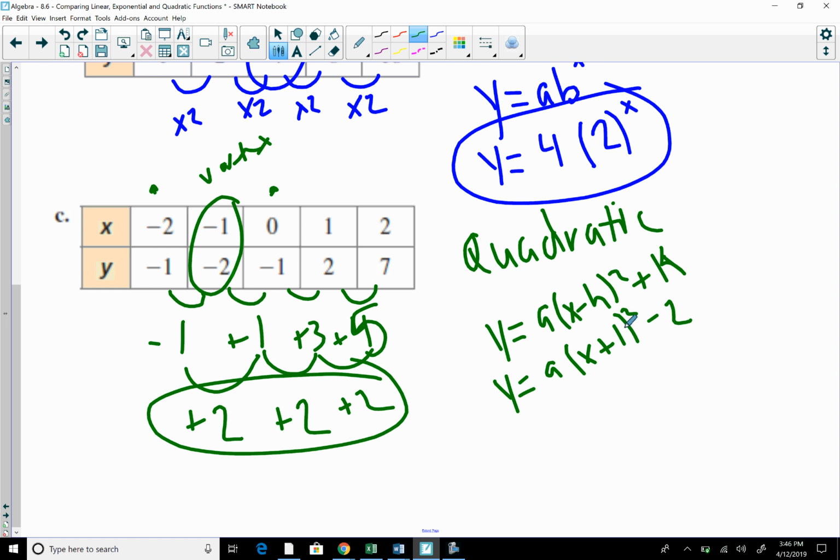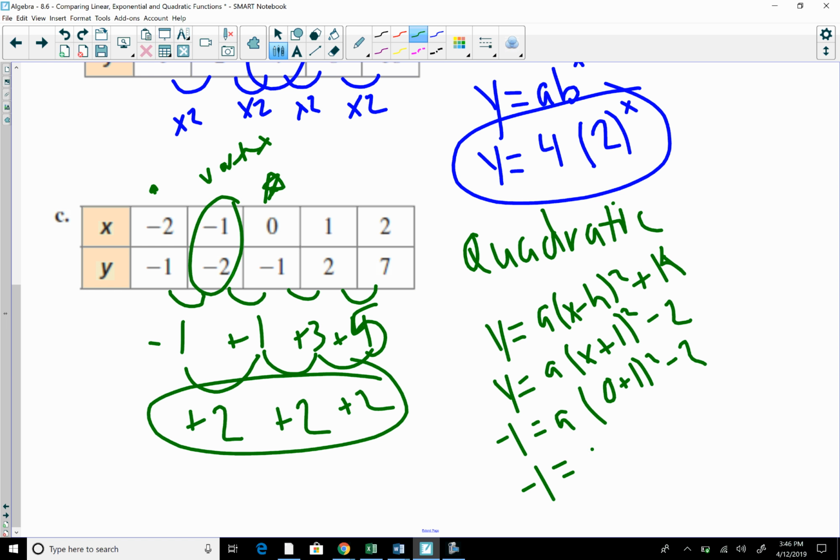Let's go ahead and use any other point in this table. Doesn't matter. I will just, for the sake of this example, use this one because 0 is a super easy number to plug in. So I'm going to plug negative 1 in for y. I'm going to solve for a. I'm going to plug 0 in for x. And then if I just quickly solve, 1 squared is just 1.